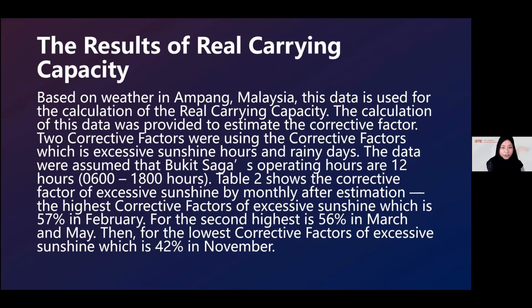Then we go to the real carrying capacity. We put the factors of environment, like the weather. I collect the data from the weather agency. The calculation is given to the corrective factor, which is excessive sunshine and the rainy days.